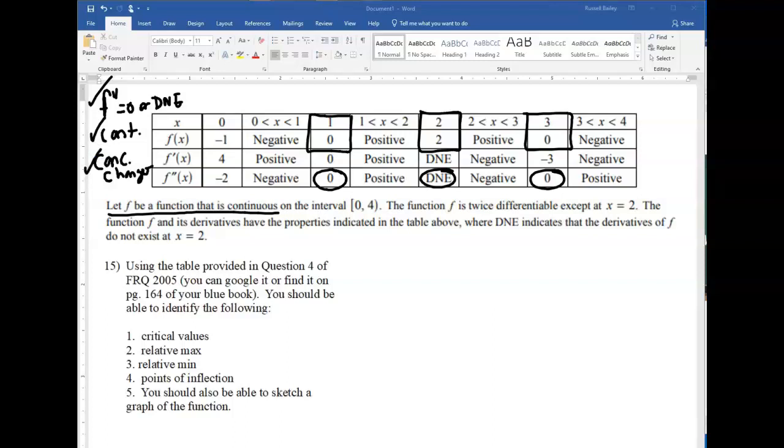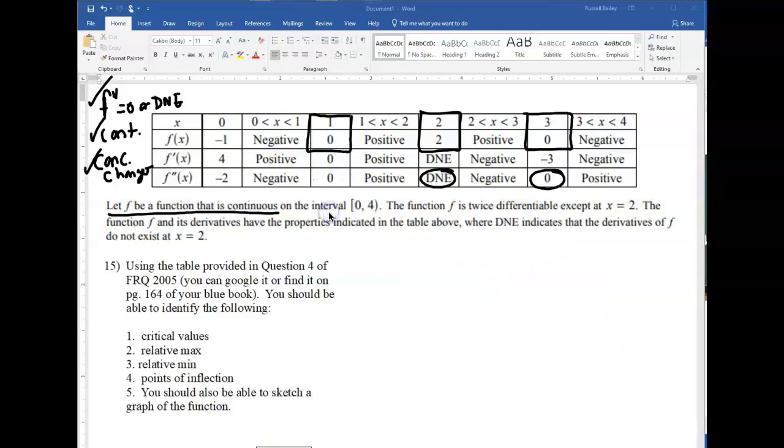In other words, we either need to go from concave up to concave down in order for that point to be a point of inflection, or from concave down to concave up. So we have to look at the second derivative, and it has to change from positive to negative or negative to positive at that point.